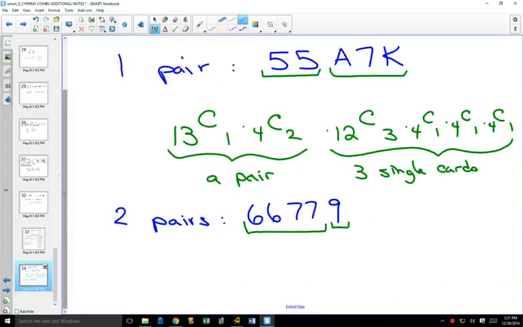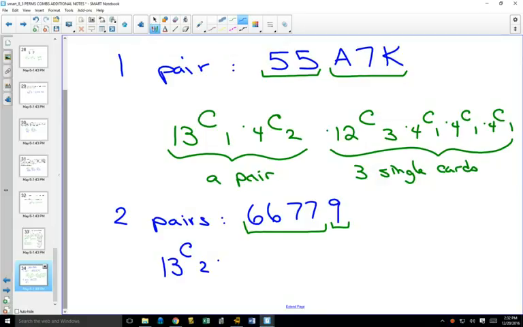Well, when picking my pairs, I have 13 cards to choose from, and I have to choose 2 numbers. And I choose those 2 numbers at the same time because 6s and 7s isn't going to be different than 7s and 6s.